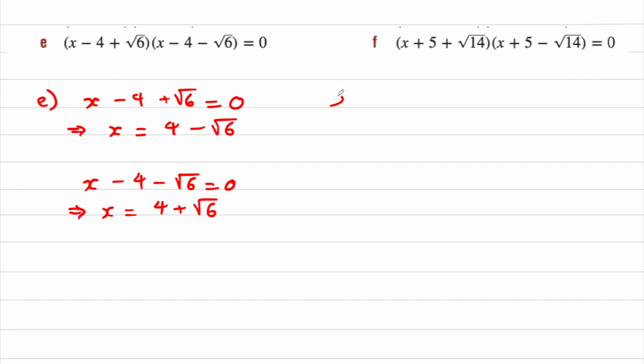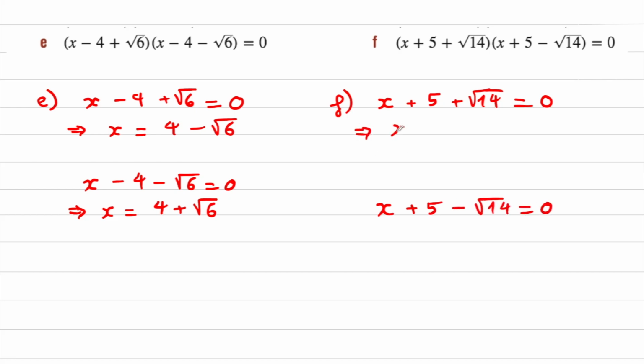Question F, you got h plus 5 plus square root 14 equal to 0, and the next, h plus 5 minus square root 14 equal to 0. So here h equal to negative 5 minus square root of 14, and here h equal to negative 5 plus square root of 14.